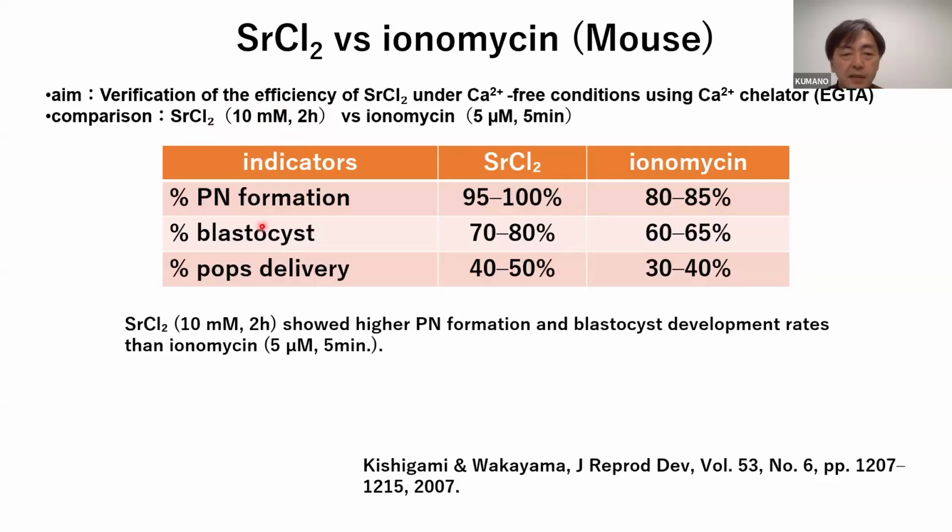As a result, in all of the parameters, namely pronucleus formation rate, blastocyst formation, and pups delivery rate, strontium was better than ionomycin. This is a report from the Japan group.